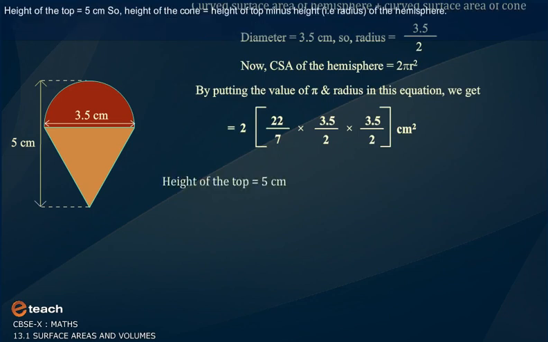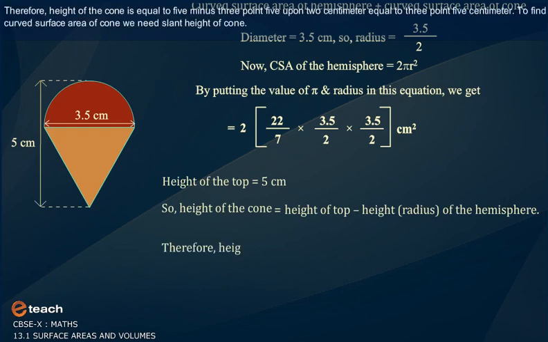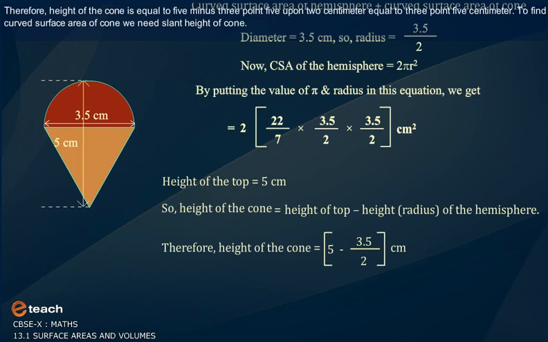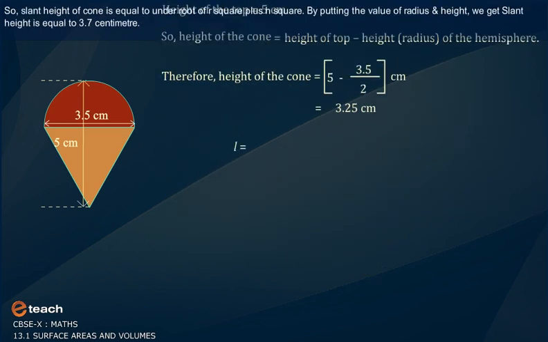Height of the top is equal to 5 centimeter. So height of the cone is equal to height of the top minus height of the hemisphere, that is radius. Therefore, height of the cone is equal to 5 minus 3.5 upon 2 centimeter, equal to 3.25 centimeter. To find curved surface area of cone, we need slant height of cone. So slant height of cone is equal to under root of r square plus h square.